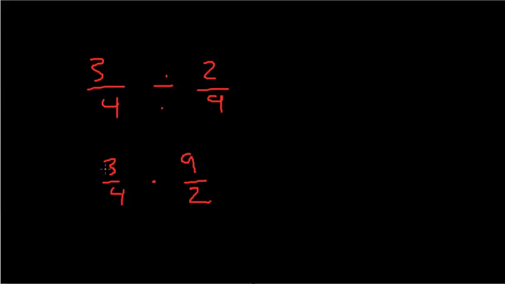Now I multiply. 3 times 9 is 27. 4 times 2 is 8. I check to see if this can be reduced. 27 and 8 have no common factors, so that is my final answer, unless of course I'm asked to write this as a mixed number.